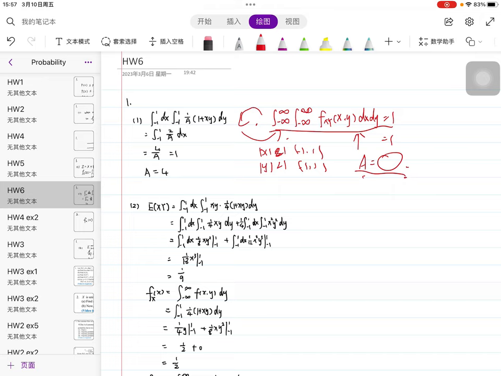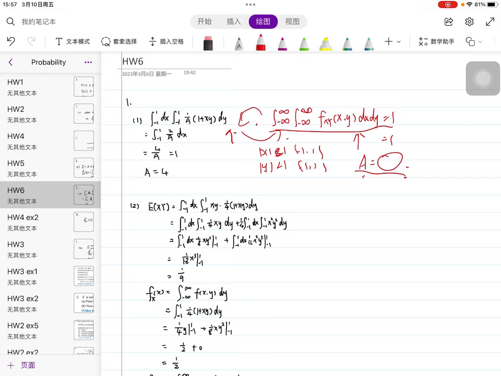The lower bound is -1, and the upper bound for x and y is also 1. Between this, the value of the function is (1 plus x times y) over A. So we could just solve this integral to find A, and A is equal to 4.